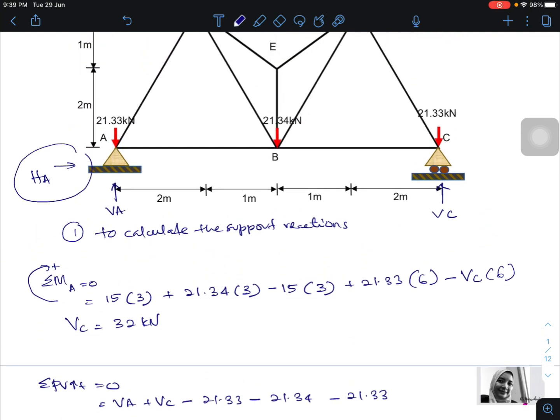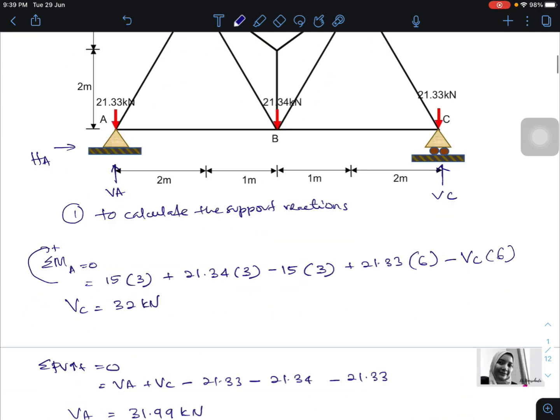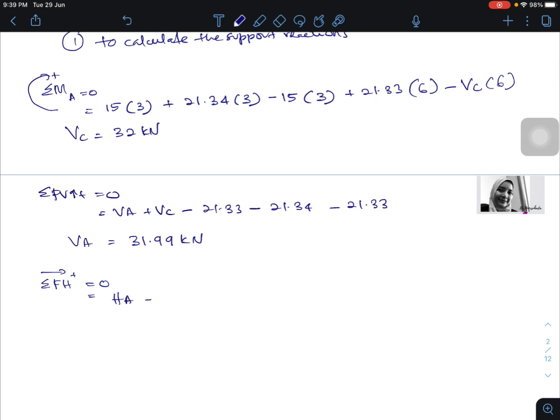HA is rightward, so it is positive. The 15 kilonewton at F is also rightward, and the 15 kilonewton at D is leftward, so negative. So HA plus 15 kilonewton at F minus 15 kilonewton at D, so HA equals 0 kilonewton.